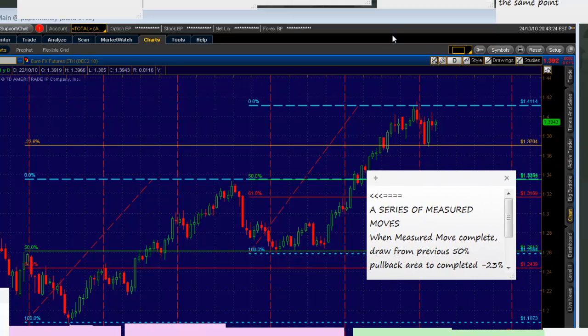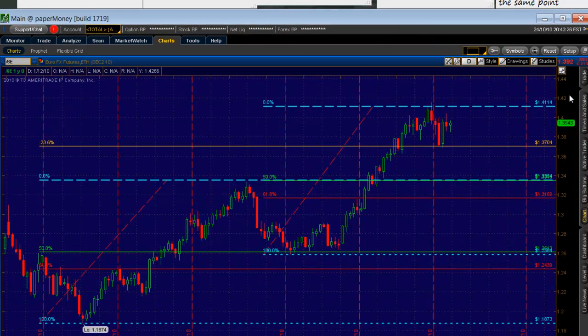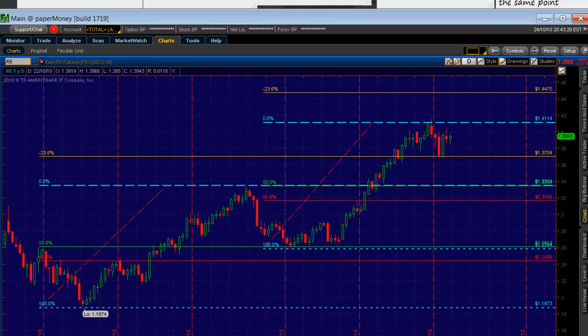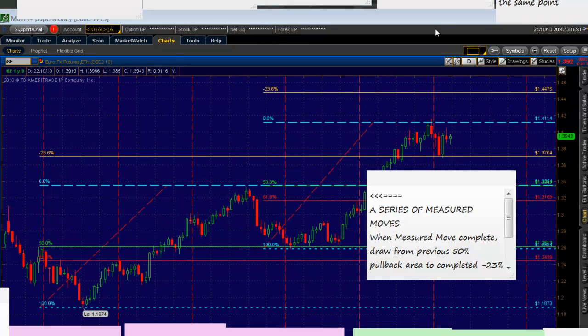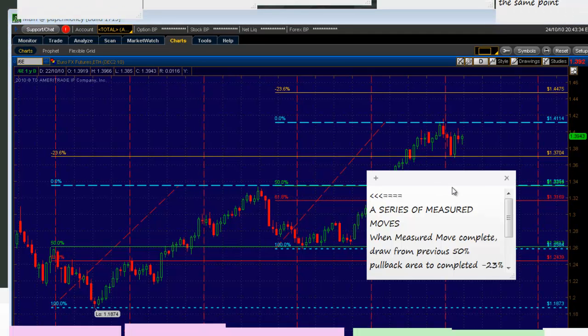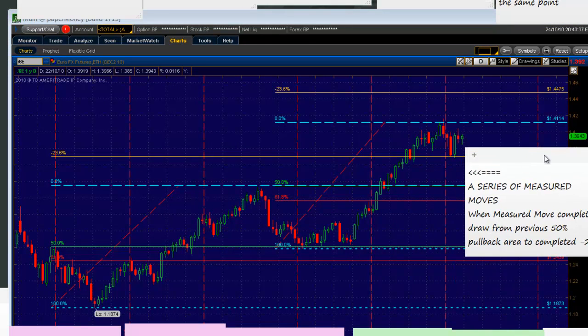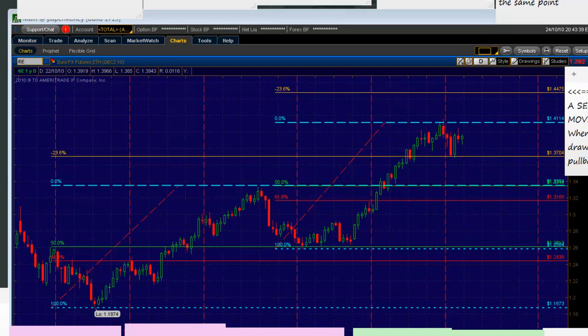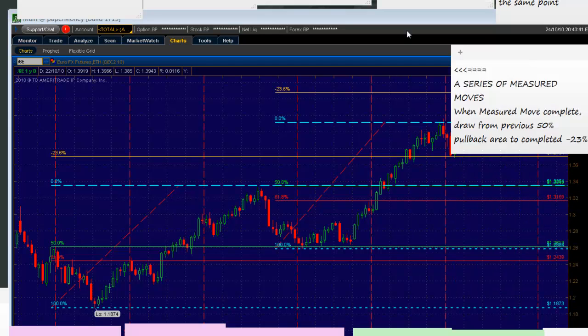These new targets being up here at the new 23%. Now that's a good clue of where it could go.